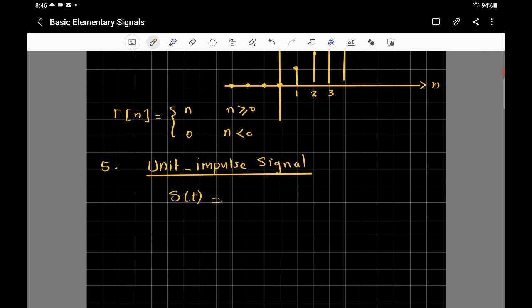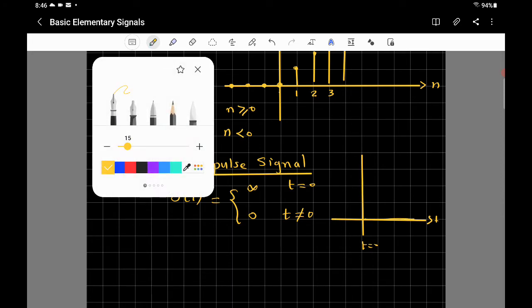Delta of t is defined as equal to 0 when t is not equal to 0. But when t equals 0, it's equal to infinity, huge. So if this is the time axis, and that's the vertical axis at t equals 0, it's 0 everywhere, just appearing in the middle.